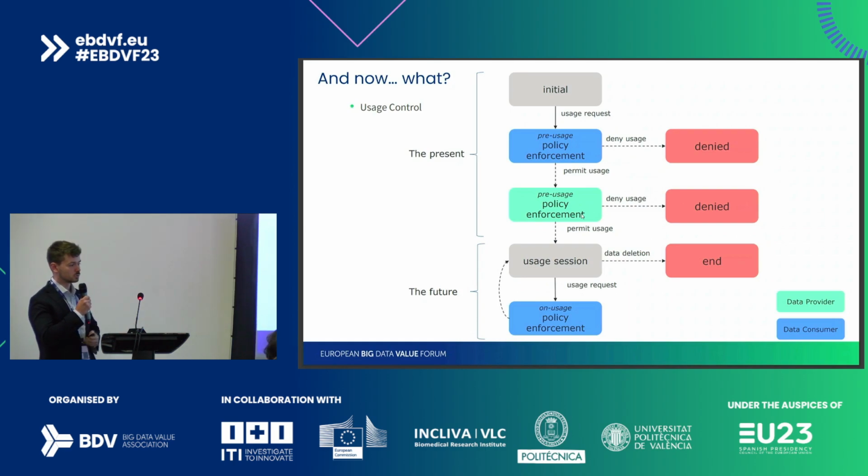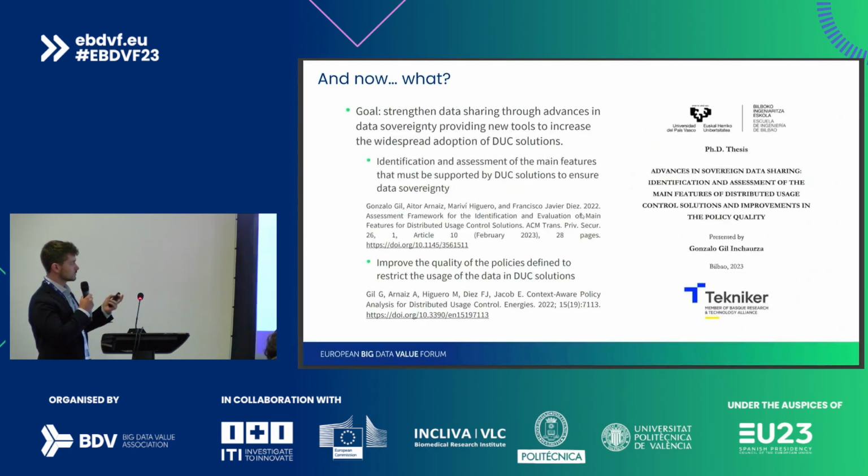What we have to move forward is to enforce policy also every time data is being used on the data consumer side, which is the concept of decision continuity. And well, just to finish, usage control is a field in which I have been deeply involved in these last years in my personal PhD.